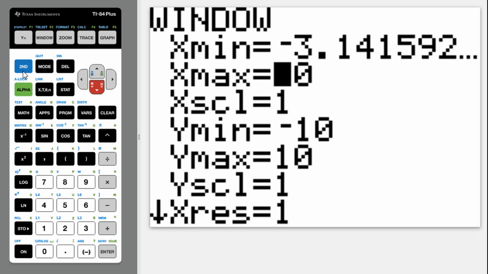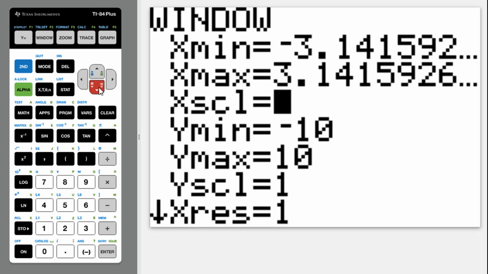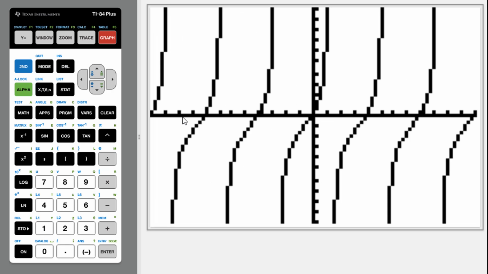X maximum is pi. For scale, we will use the period of this tangent function, pi over 3. Then period over 4 will be pi divided by 12. Then we go to graph. And you could say we have 1, 2, 3, 4, 5, 6 solutions.